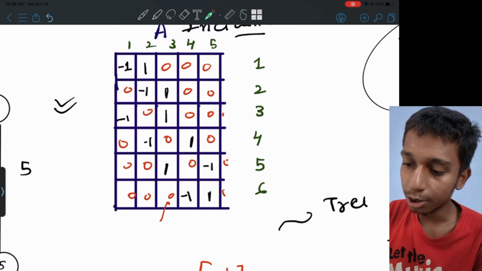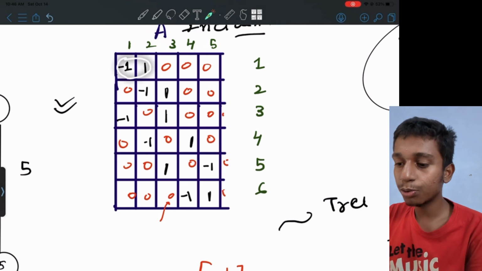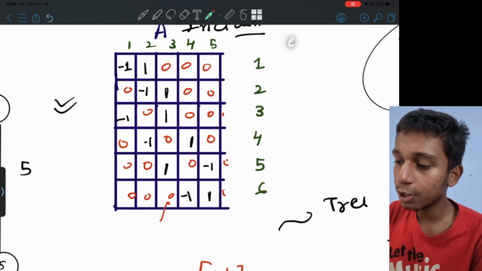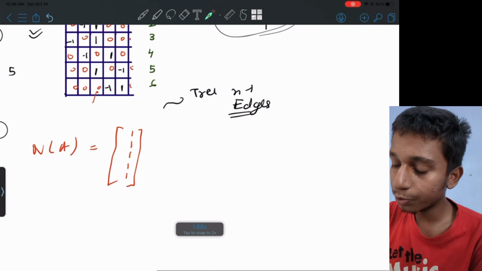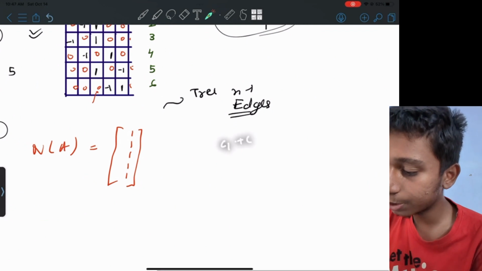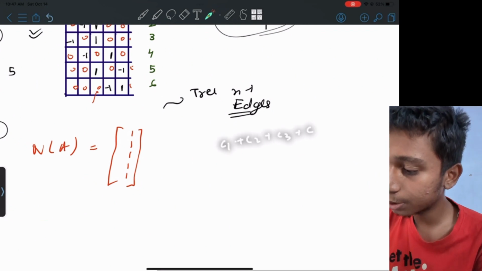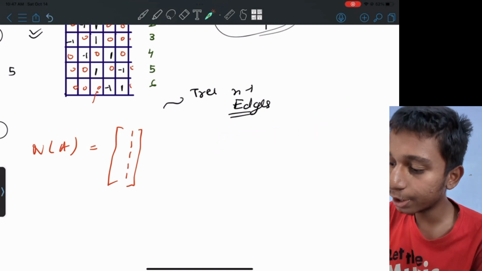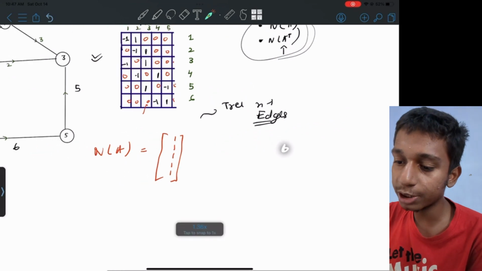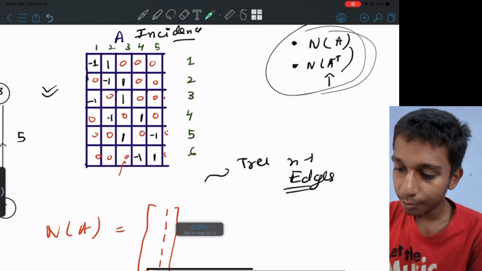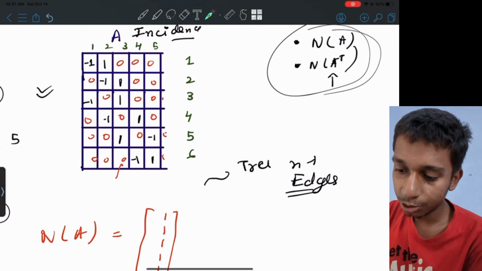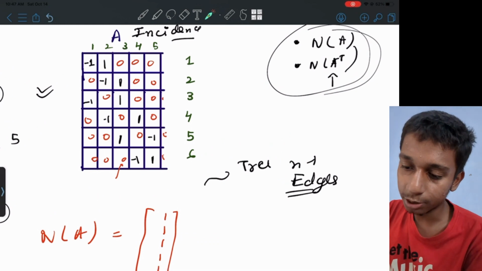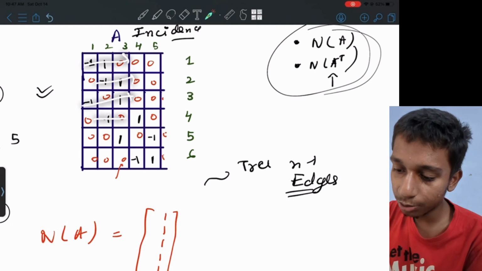Suppose we want to show that c1 plus c2 plus c3 plus c4 equals 0 for any linear combination, then the coefficients have to be 0. And showing that would mean that we need to add all of them together for this row and this row, this row and this row.